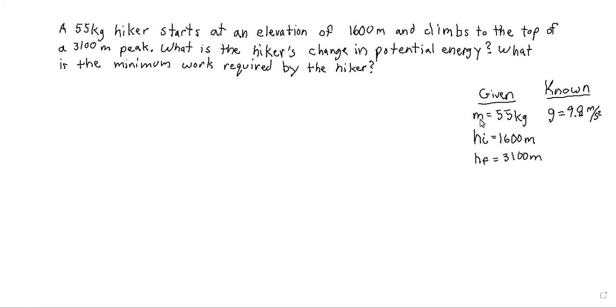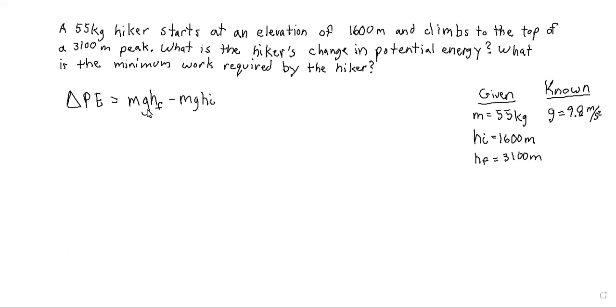Well, we can use the standard formula for change in potential energy. The symbol for change is a triangle, and potential energy is PE. So we take the final potential energy, which is the mass times the gravitational constant times the final height, and subtract almost the same thing, mg, but this time with the initial height.